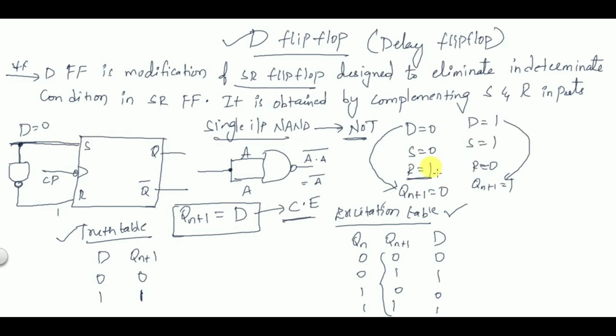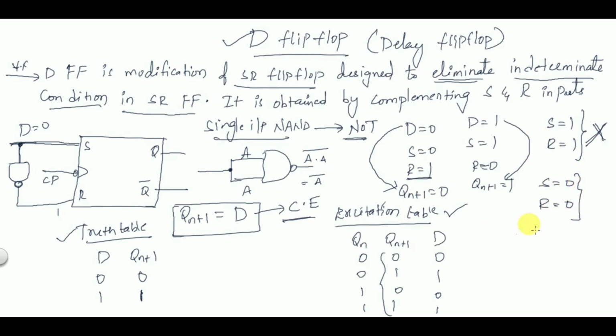In this D flip-flop we will never get the condition S is equal to 1 and R is equal to 1. So this condition is eliminated. That is what I told you, to eliminate the indeterminate condition. Also the condition S is equal to 0 and R is equal to 0 can be eliminated, because then Qn plus 1 is equal to Qn only.